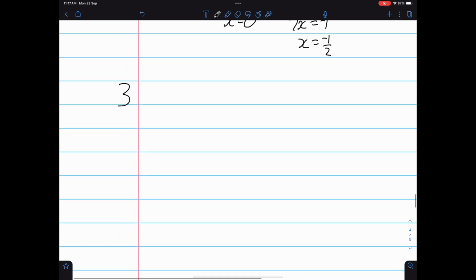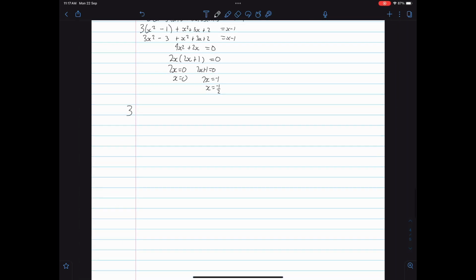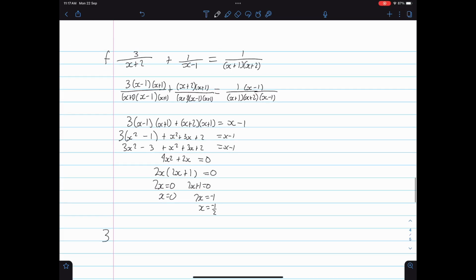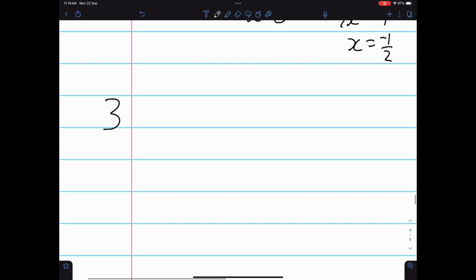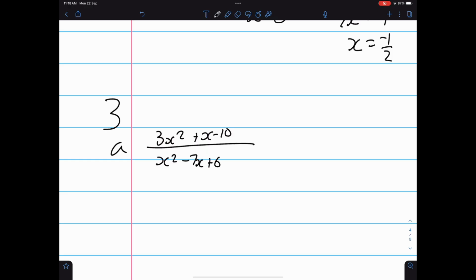Before I move on to the next part, just remember that getting common denominators is very important. 3a, we have 3x squared plus x minus 10 over x squared minus 7x plus 6 equals 0.